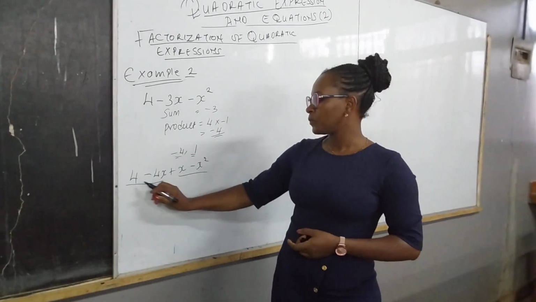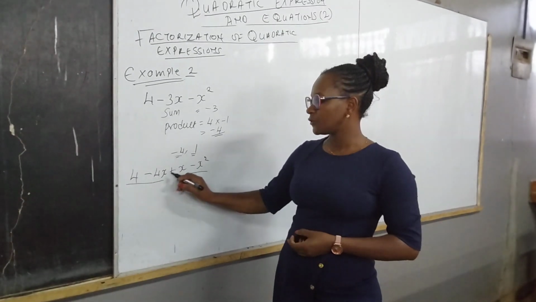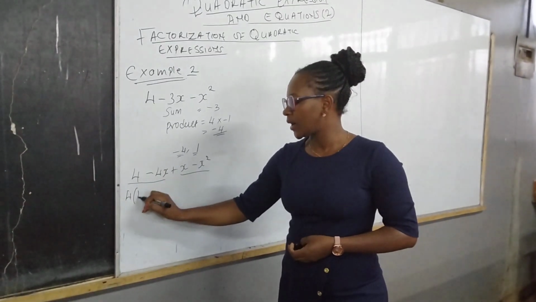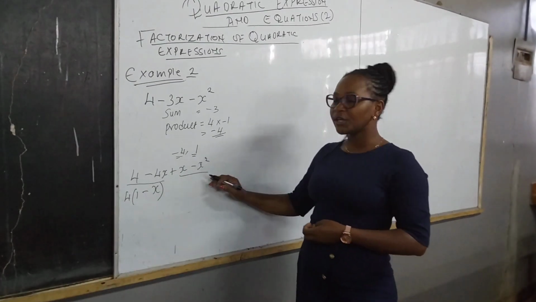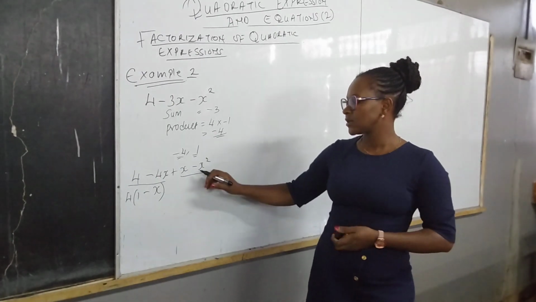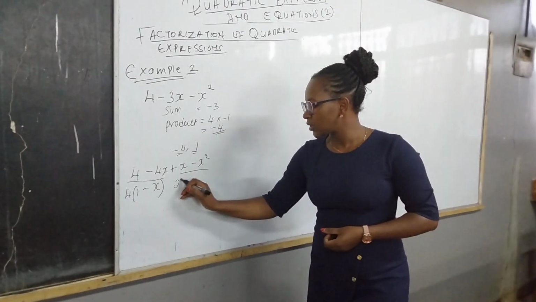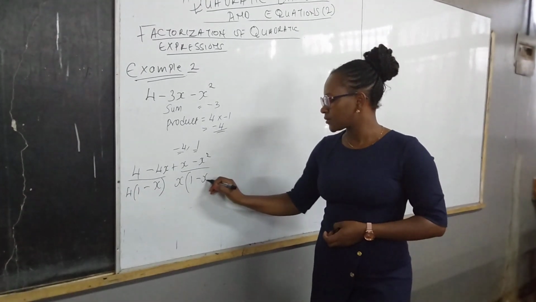In the first pair, we have 4 and negative 4x. Between 4 and negative 4, we can see that 4 is common, so that we are left with 1 minus x. In the second part, we have x and minus x squared, and here x is common, for us to be left with 1 minus x.